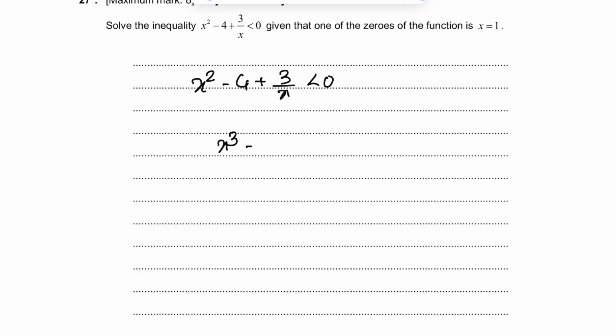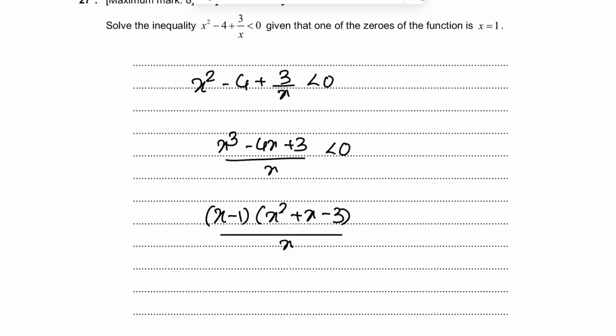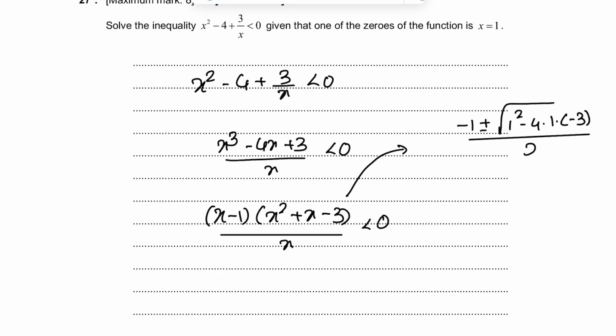If I factorize it, it becomes (x − 1)(x² + x − 3) upon x is less than 0. So this is a quadratic. The roots of the quadratic are (−b ± √(b² − 4ac)) upon 2a, so (−1 ± √13) upon 2.